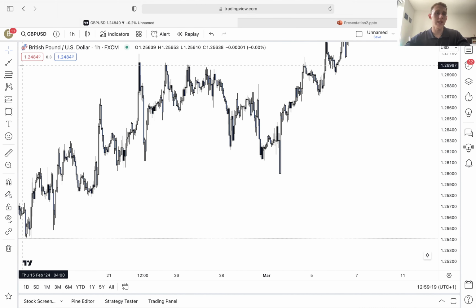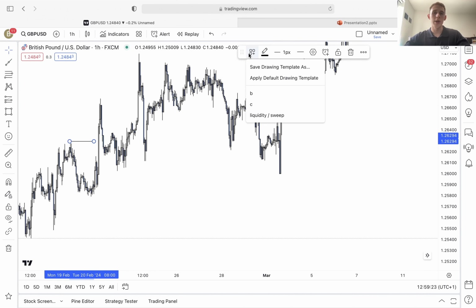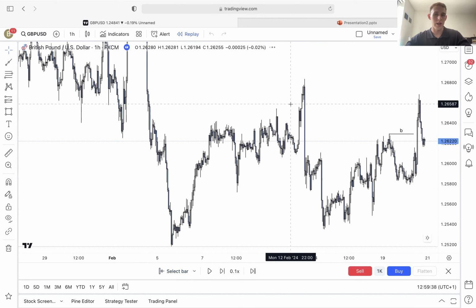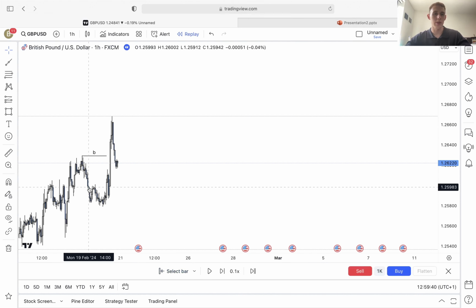Okay, so in this case, we can see that price broke structure. So to identify our areas of demand that we're looking to buy from, we first of all identify the current leg of the trend, which is in this case between this low and this high. Going back to this point. So between this low and this high is where we're looking for an area of demand.